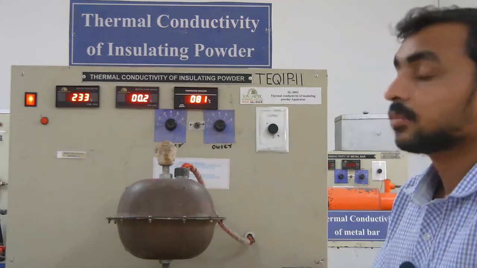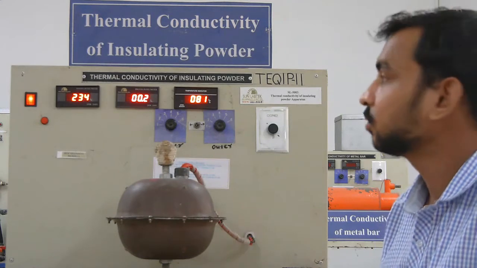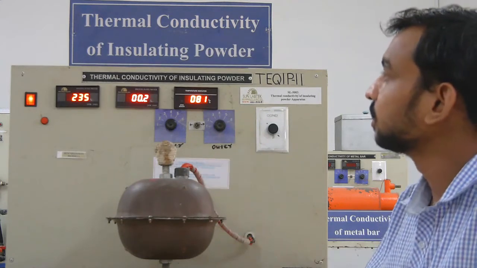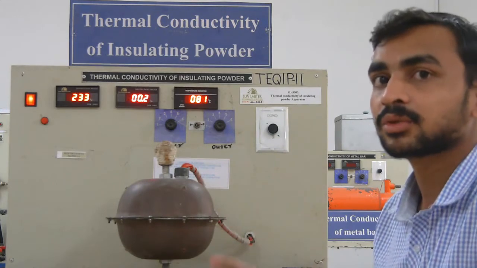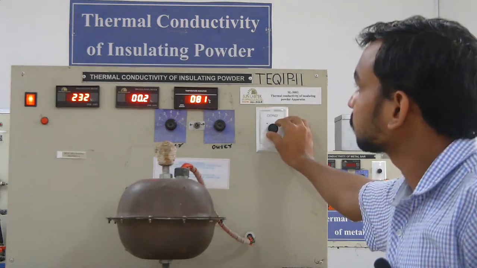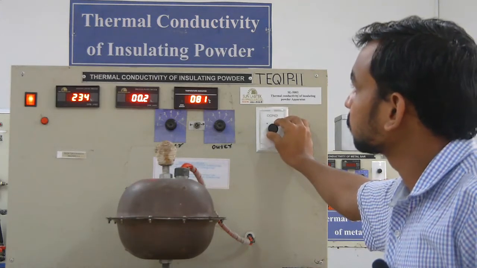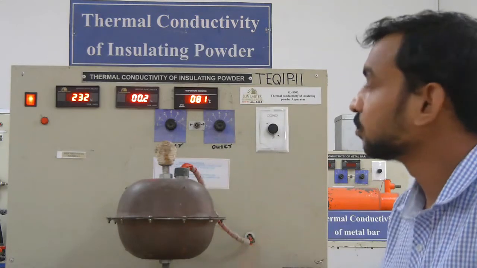In the present case, as you are seeing in the equipment, it is showing 233 volt and 0.2 ampere. So here it is approximately 233 volt.